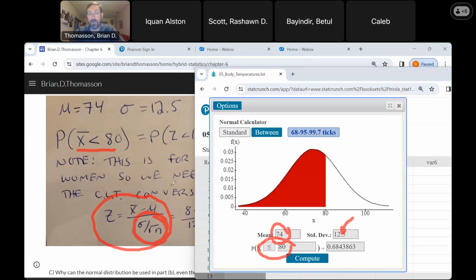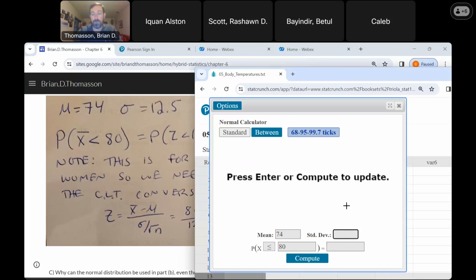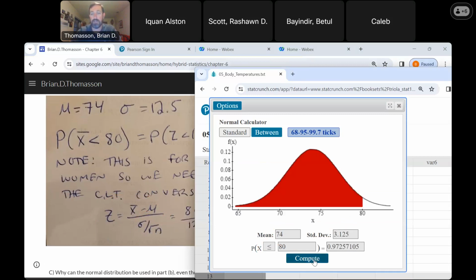So it's 12.5 over the square root of 16, because we have 16 females that we're interested in here. So this 12.5 has to be changed. The new one is 12.5 over the square root of 16. The square root of 16 is 4, so 12.5 divided by 4 turns out to be 3.125. We have to change the standard deviation.